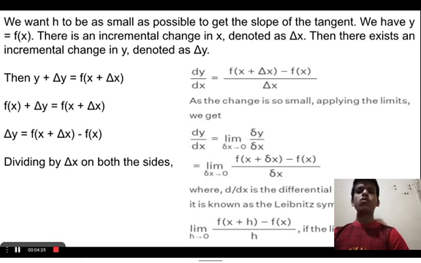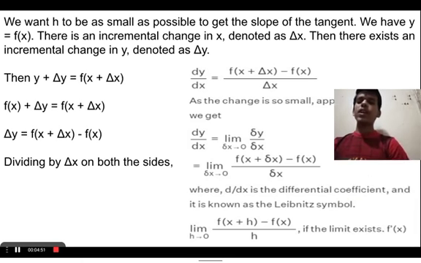As the change is so small, applying the limits, that is del x tends to 0, we get the limit as delta x tends to 0 of f of x plus del x minus f of x by del x, where d by dx is a differential coefficient and it is known as the Leibniz symbol. So limit h tends to 0, f of x plus h minus f of x by h. If the limit exists, then the function is said to be differentiable.